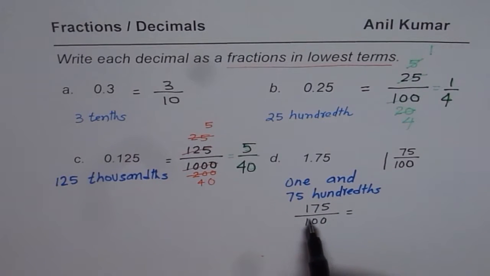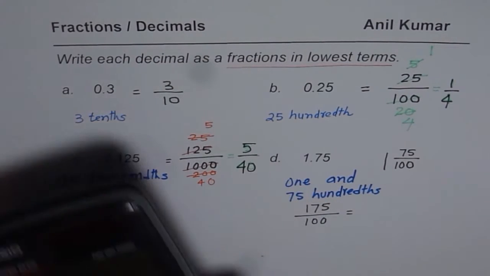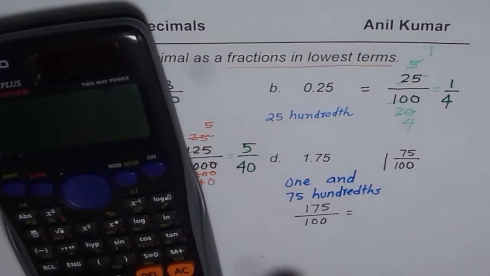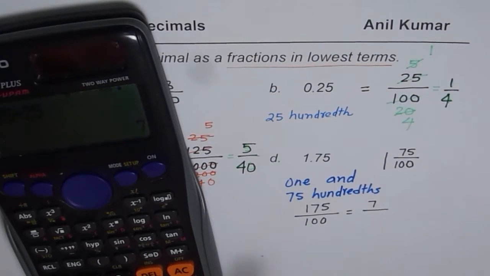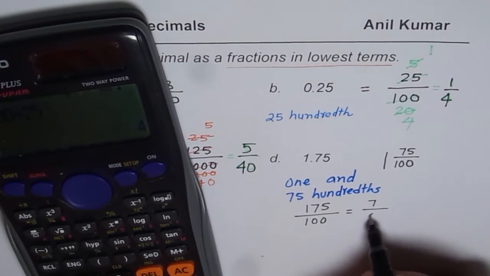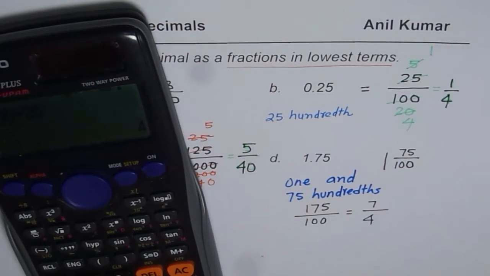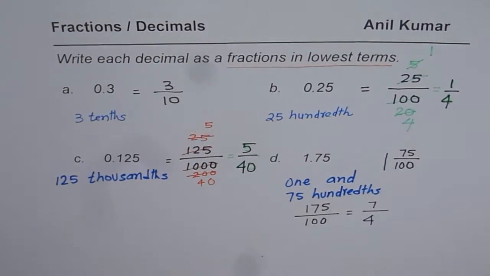You can divide by 25, right, and then get the result in this lowest terms. So 175 divided by 25 is 7, and 100 divided by 25 is 4, right? So 7 over 4 is the fraction, correct?